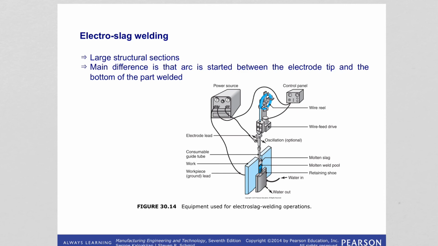Heat is then produced continuously by the electrical resistance of the molten slag. Because here the arc is extinguished, we cannot classify this technique strictly as an arc welding process.